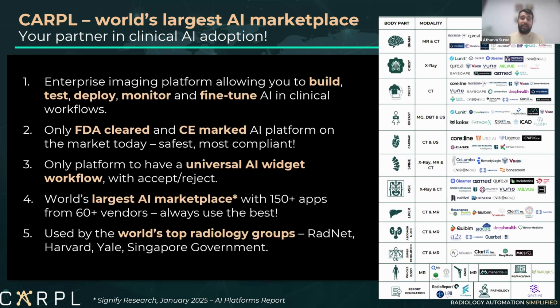The way we like to organize them is by body part, modality, and then use of the AI application. We haven't grouped them by pathology. I think there are too many to cover, but this is what we do, and we are used by top radiology groups across the world.